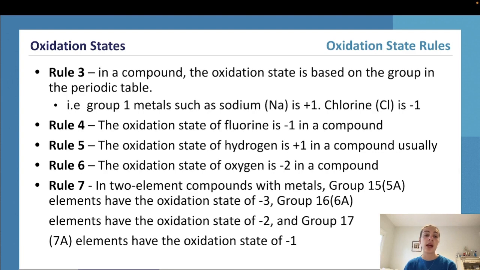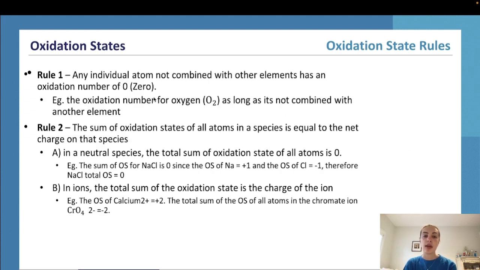So for example, that's how you know when you have NaCl, chlorine is going to be -1 and sodium is going to be +1, because it's just following that general rule 3, as well as then combining that with the rule 2, which we have here.